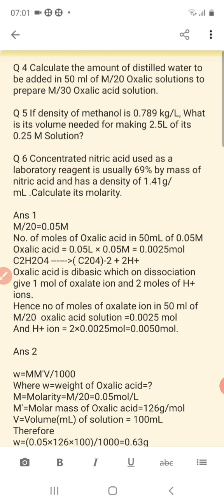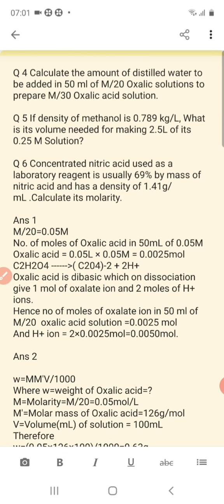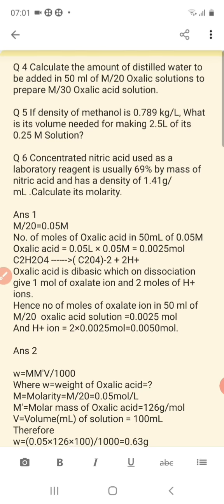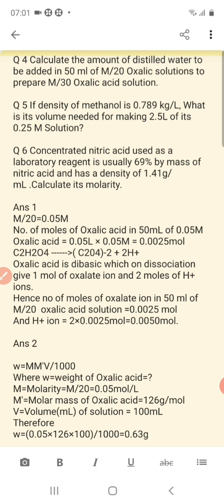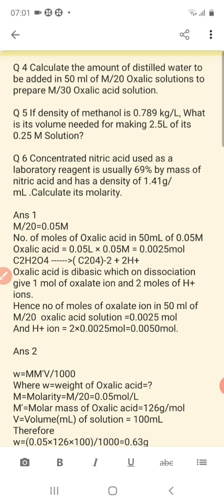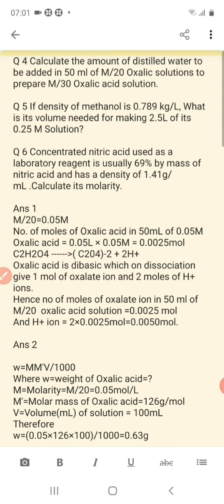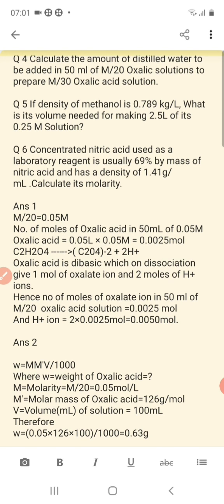If we have to dilute M/20 oxalic acid solution to M/30 oxalic acid solution, taking 50 ml of M/20 oxalic acid solution, what will be the amount of distilled water to be added so that it may be converted into M/30 oxalic acid solution? This is the overall demand of the question.